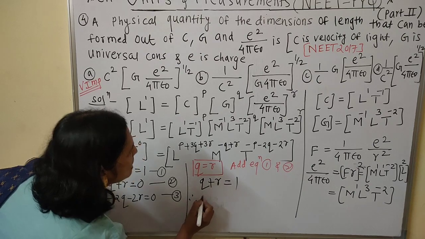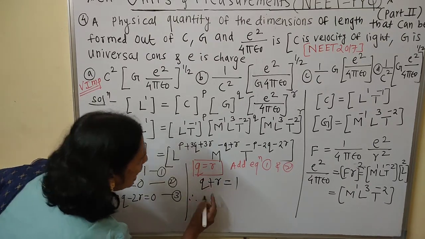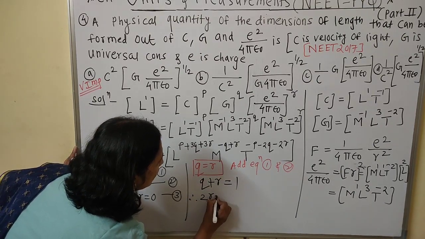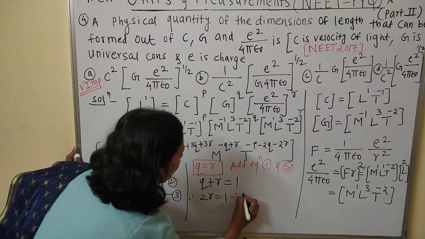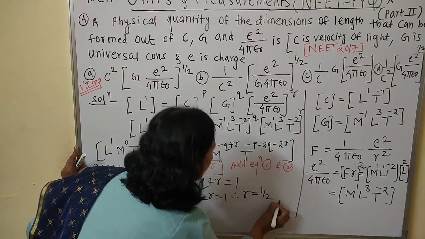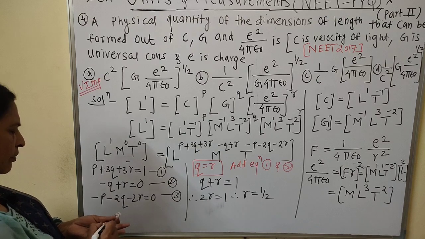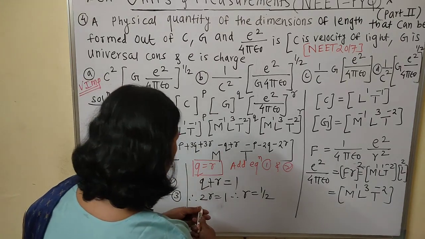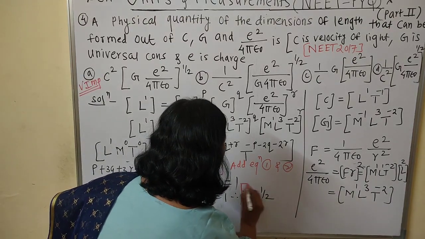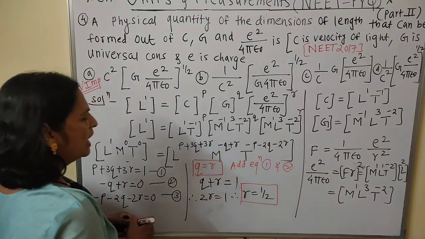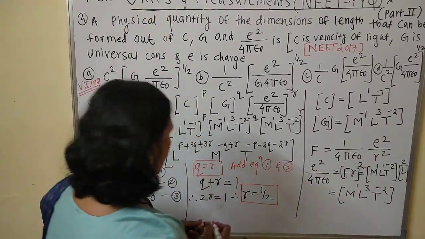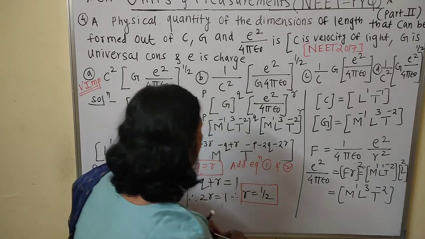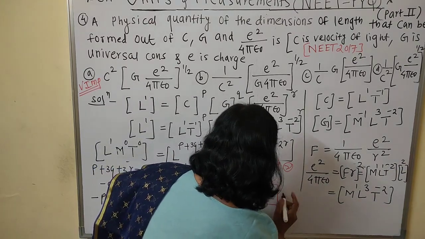And if we substitute Q equal to R, it becomes 2R equal to 1, and therefore R is equal to 1/2. Understood? This is the value of R, equal to 1/2. And since Q is equal to R, Q is also equal to 1/2.